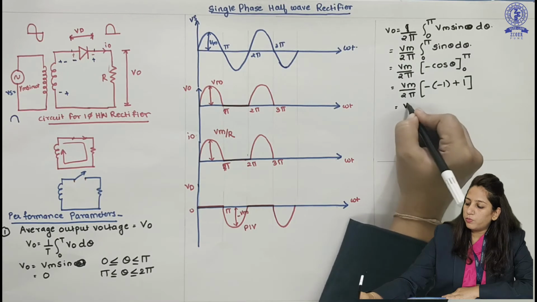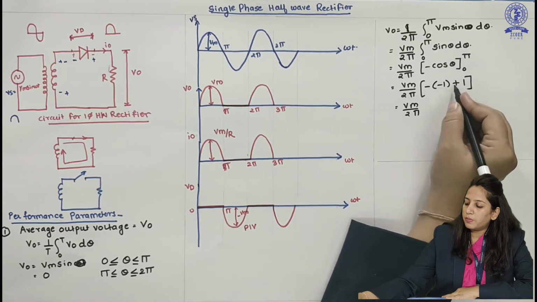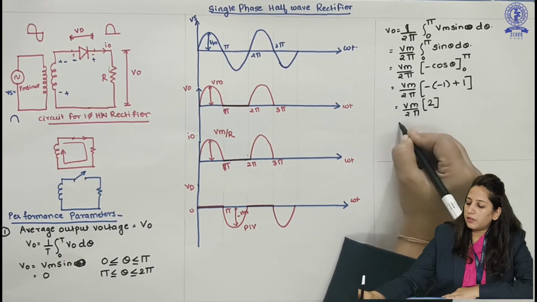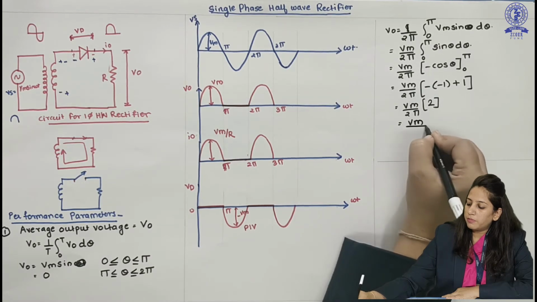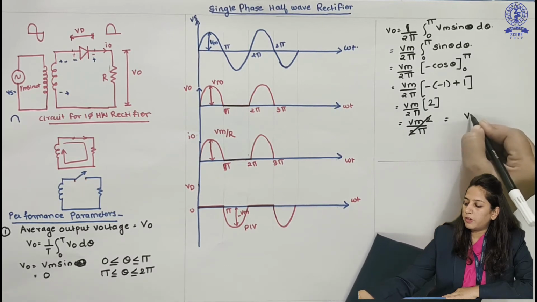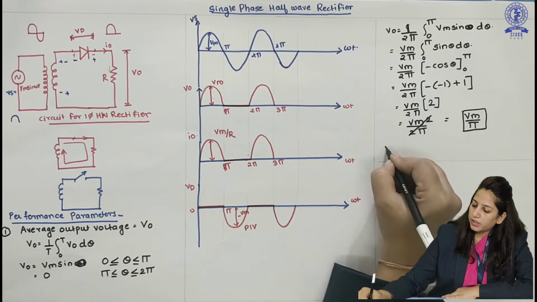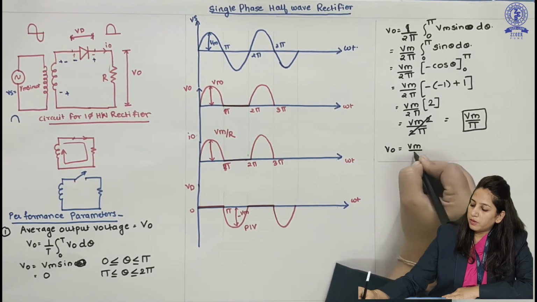So Vm upon 2 pi, and this 1 plus 1 will be 2, so Vm upon 2 pi times 2, this will get cancelled, and it will be Vm upon pi. So my average output voltage is Vm upon pi.